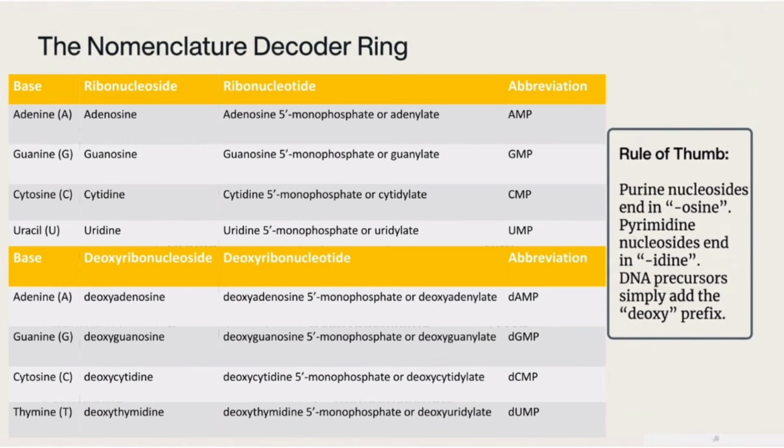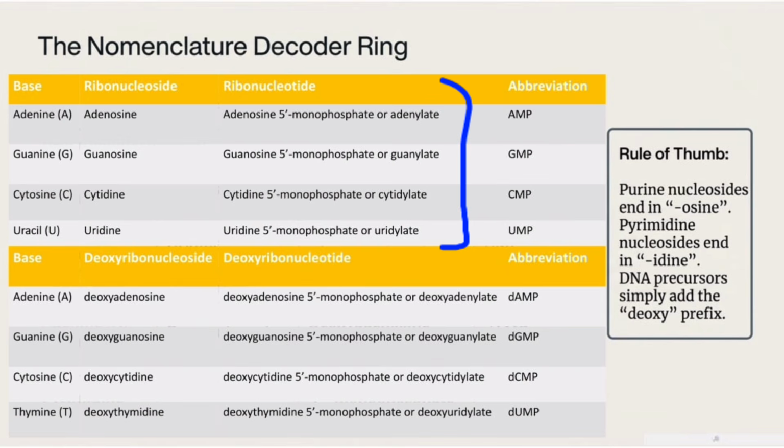The same follows for the ribonucleotide, which is the sugar, the base, and the phosphate group. And take note, in this case, we only have one phosphate group, so that's why we're calling it adenosine 5' monophosphate. And because it's bound at the carbon 5, that's why the 5' is here. Or we can also refer to it as adenylate.